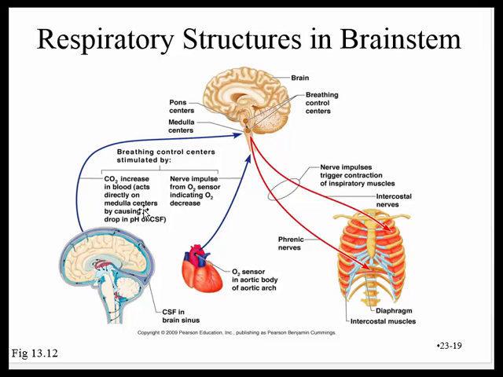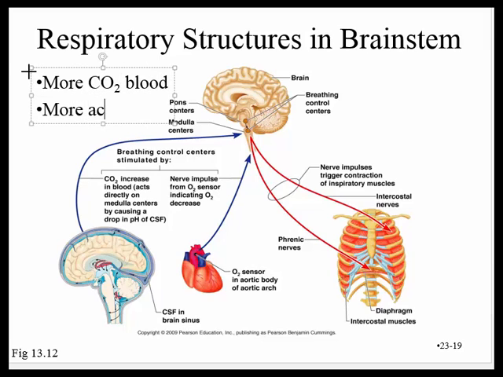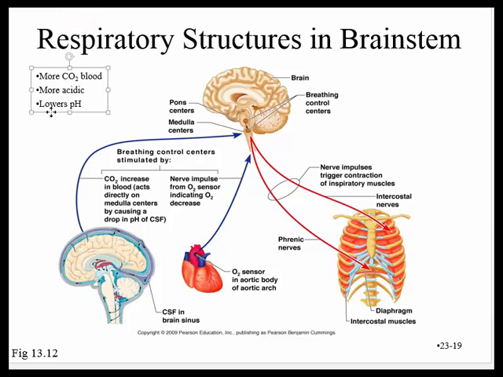So, just add a little note here: more CO2 in the blood makes it more acidic, which lowers the pH of the blood. And that is bad, right? The pH has to remain in a certain range. So this is all going to be sensed by the medulla oblongata in that cerebrospinal fluid.